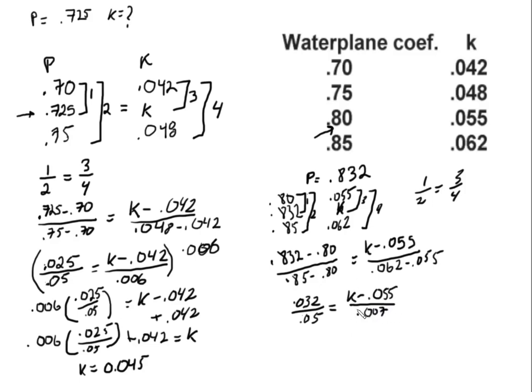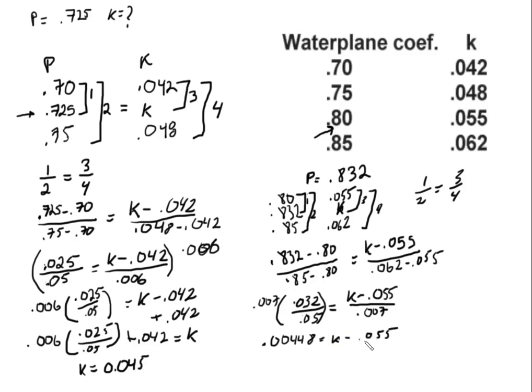I'll multiply both sides by 0.007. I'm just going to do that on the side: 0.007 times 0.032 divided by 0.05 equals 0.00448. Let me write that in right here: 0.00448 equals K minus 0.055.